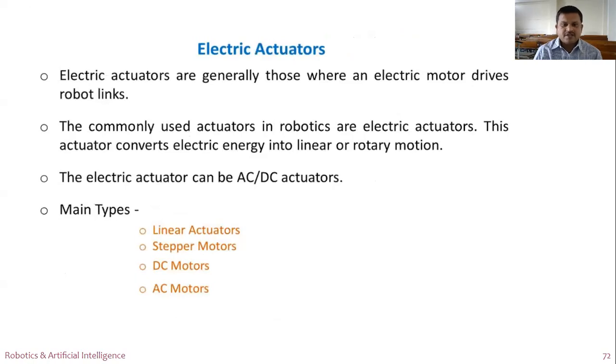The commonly used actuators in robotics are electric actuators. This actuator converts electrical energy into linear or rotary motion. The electric actuator can be AC or DC actuators. Main types: linear actuators, stepper motor, DC motor, AC motor. Now we'll see the principle of all these. Only the principle we'll see.